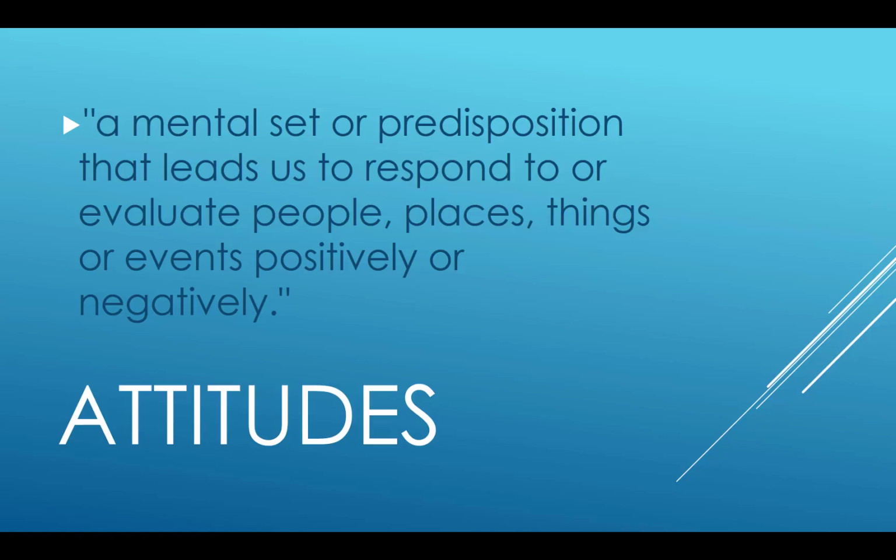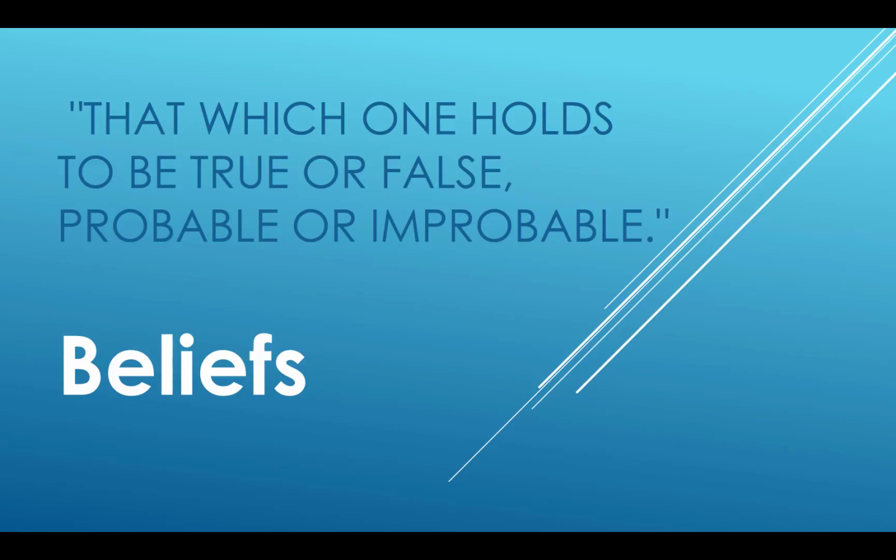Attitudes are defined as a mental set of predispositions that lead us to respond to or evaluate people, places, things, or events positively or negatively. Although the textbook says they reflect our likes and dislikes, I like to tell students to associate a feelings word with the attitudes. Ask yourself how you feel about what you believe and value when writing attitude statements.